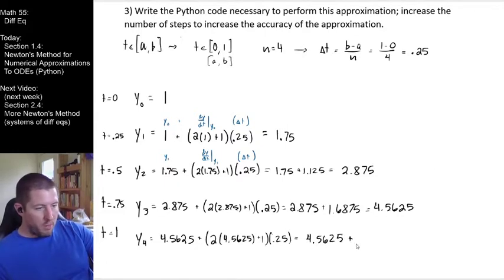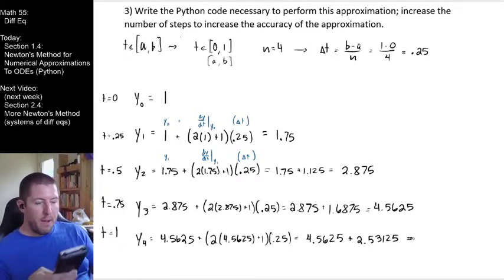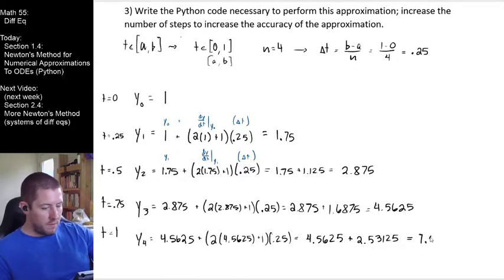And we're going to add that on to our previous result. So what am I getting for my final approximation at time 1, y of 1, is adding this to 4.5625, and I'm getting 7.09375. So this is my final approximation for y of 1.